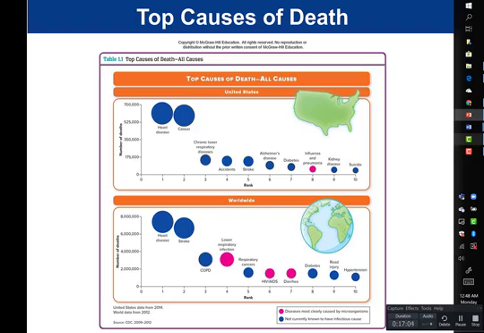Number 8, now we finally see the first infectious cause of disease in the United States. So now we have our influenza and our pneumonia. Those are infectious causes of disease. And then we have kidney disease followed by suicide. So that one always surprised me, that the number 10 cause of death in the US is actually suicide.